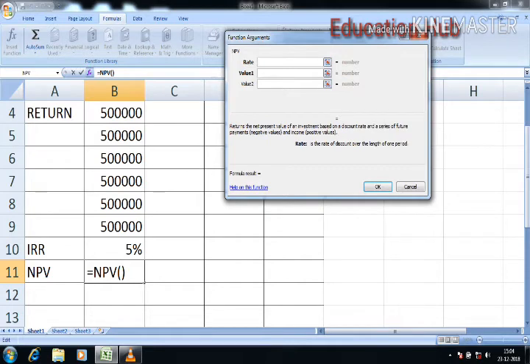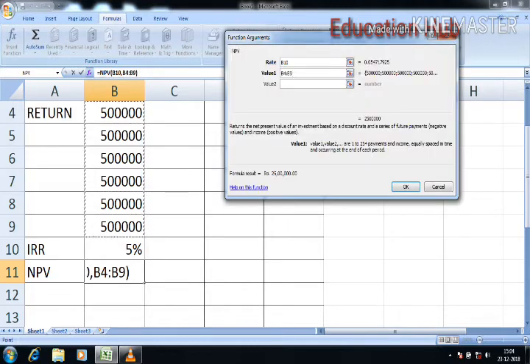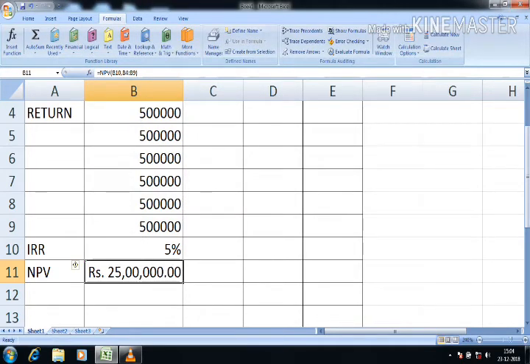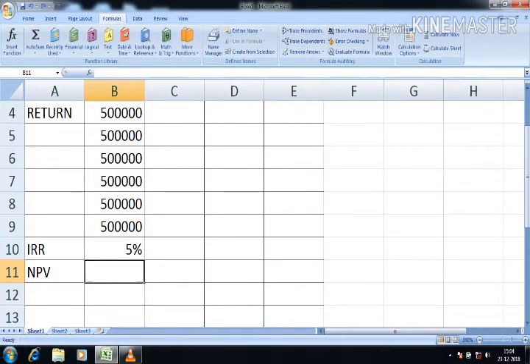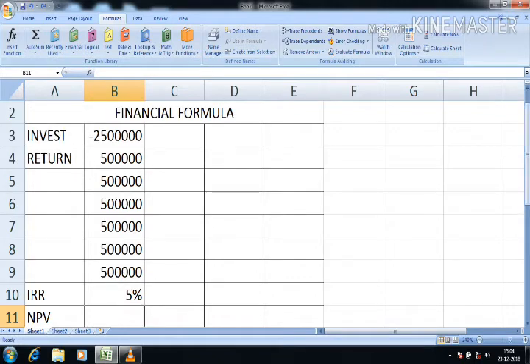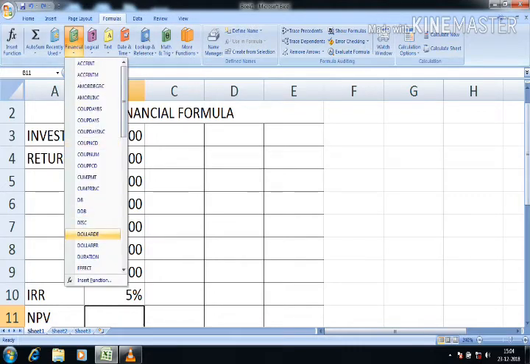Here two fields are written in bold, a window opens on our side with two boxes. In the first one, I am selecting the IRR cell, and then I select the whole range of inflows and outflows. See this, Formulas, Financial, NPV.